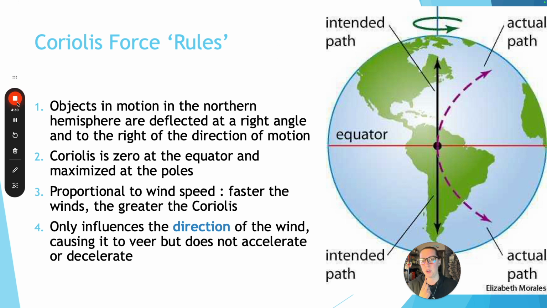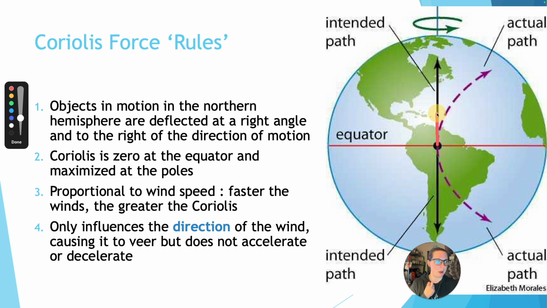So if we're looking at this image here, if my intended path is up, my actual path is to the right in the northern hemisphere. In the southern hemisphere, it's to the left from the direction of motion. So that's a really important point to remember. It's in terms of the direction of motion.